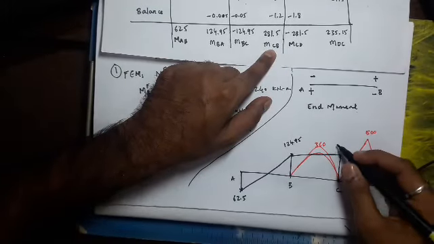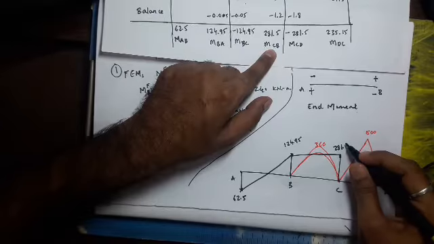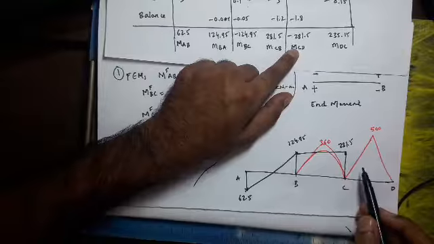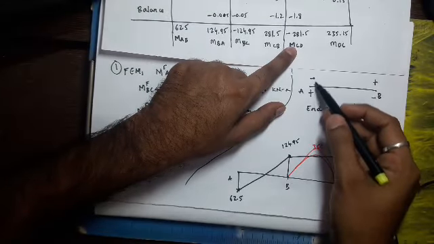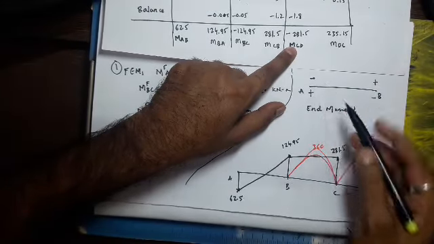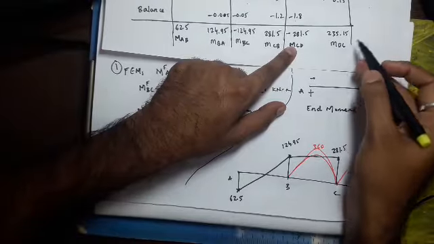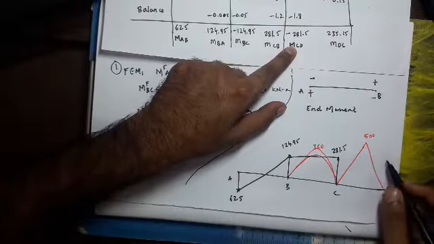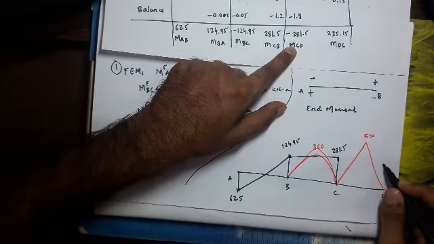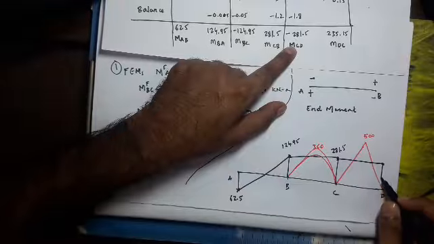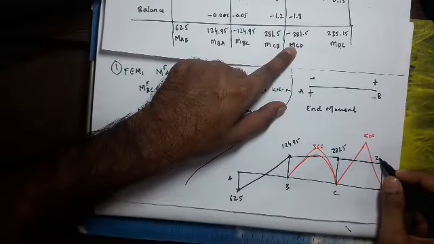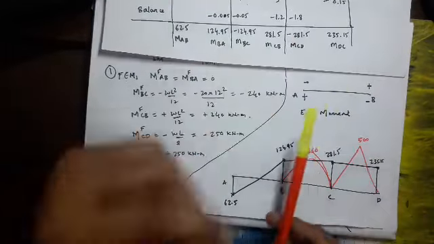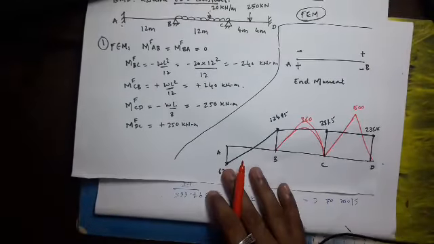This is 281.5. MCD is negative. It is at the left of the span, negative, above datum, same point. MDC, right of the span, it is positive, will be above the datum. This is 235.15.